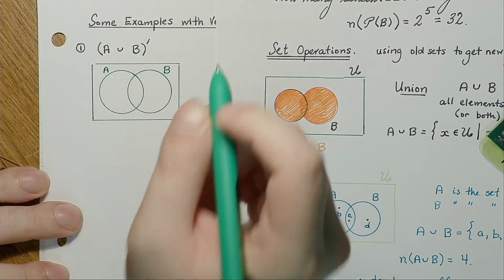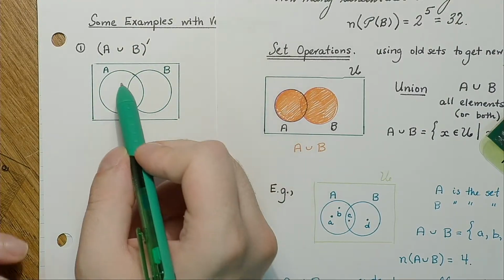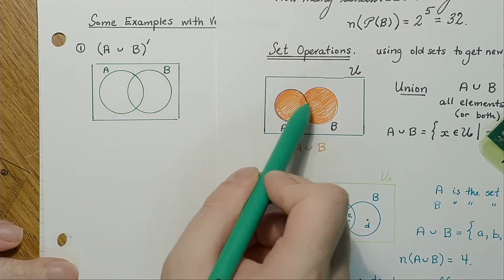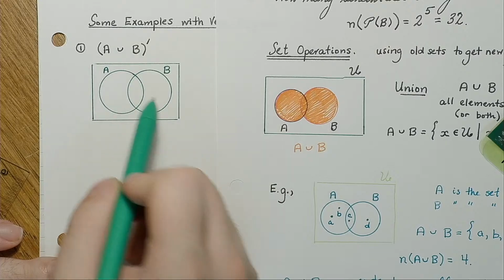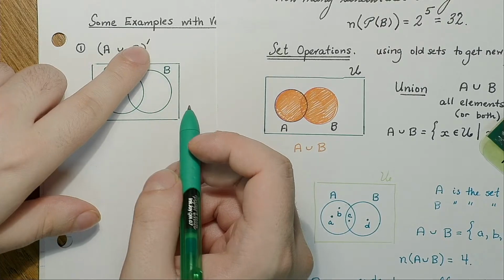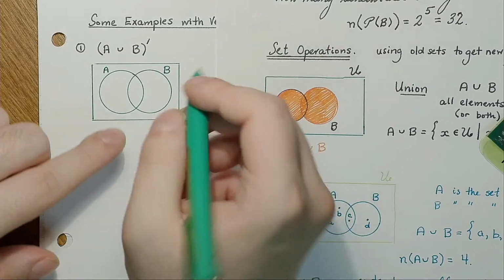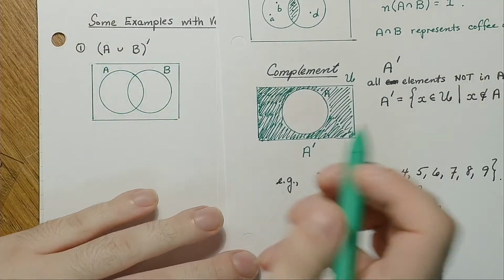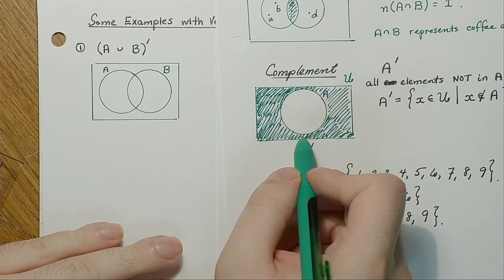Okay, so with this, we know that A union B is everything that's inside of A, or in B. But with the complement, that means now that I need to have everything outside of that set.